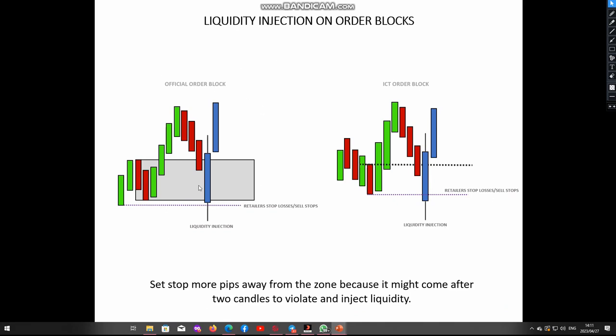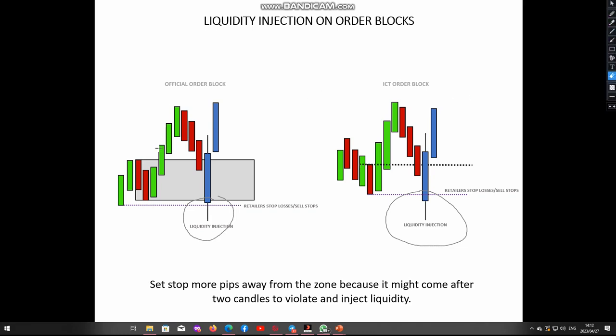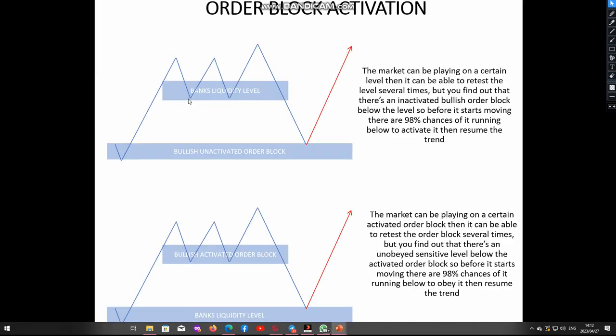Sometimes you can identify that order block, but you might get triggered by what we call a liquidity injection. You already know what a liquidity injection is, because the market is not always going to give you perfect retests. You know the anatomy of liquidity injections.